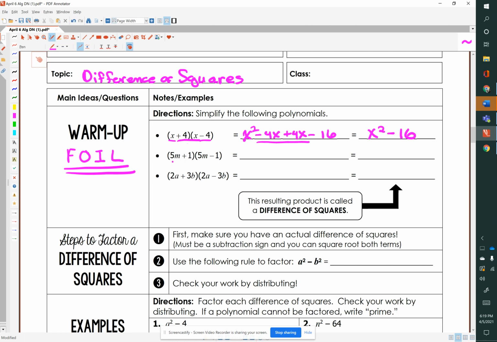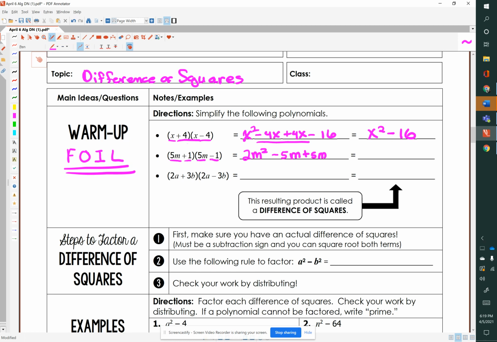So let's do the next one. So first, 5m times 5m, that's 25m squared. Outer, 5m times negative 1, that's negative 5m. Inner, 5m times a positive 1 is positive 5m.